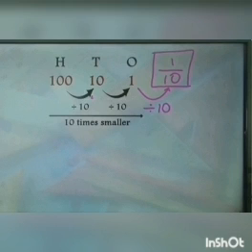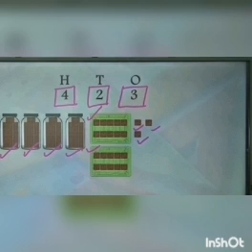So let us understand this with the help of a number. This is the number 423. It represents 4 hundreds, 2 tens and 3 ones.